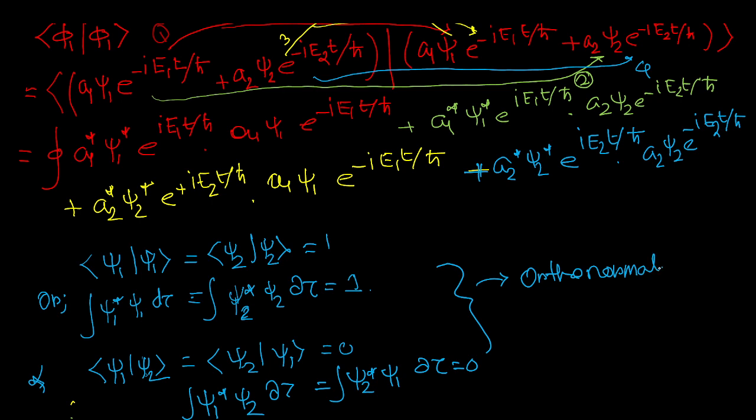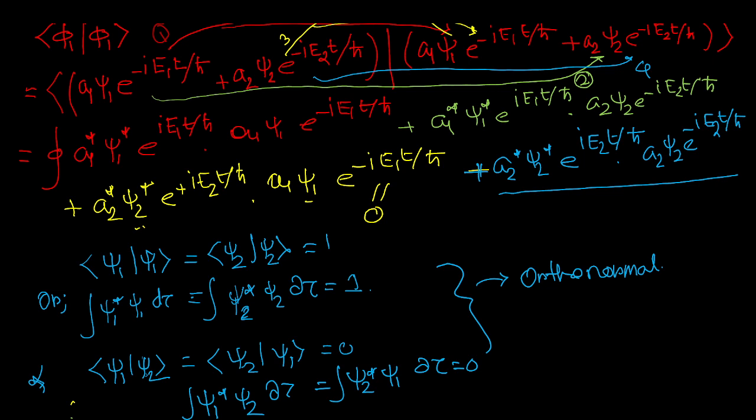So if you look at this, this function will survive. The term with psi 2 star and psi 1 goes to 0.